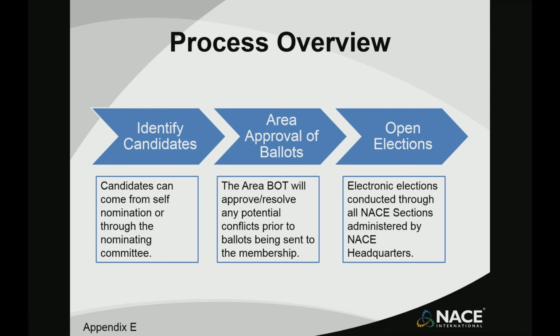A more detailed process will be provided once Appendix E of the section's operating manual is approved and added to the section's operating manual. There's currently an ad hoc committee working on this process. Again, a pilot program was done with 22 sections worldwide to pilot electronic elections.